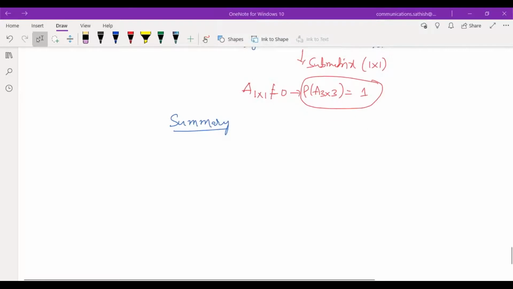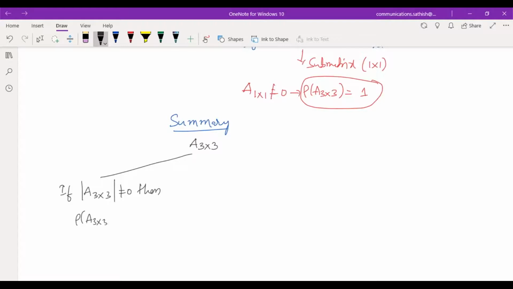Yeah. So now I'm just making the summary of this. Let me take a third order matrix. The first case: if the third order determinant is not equal to 0, then the rank of a third order matrix is what? 3.